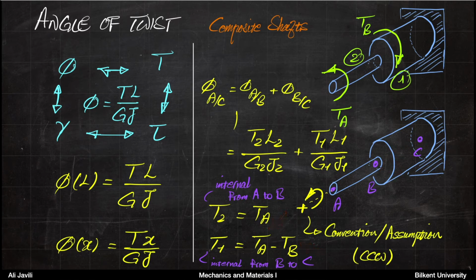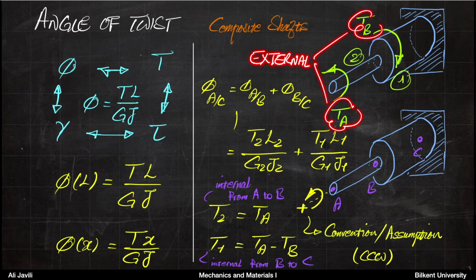Again, TA and TB are external, and T1 and T2 are internal.